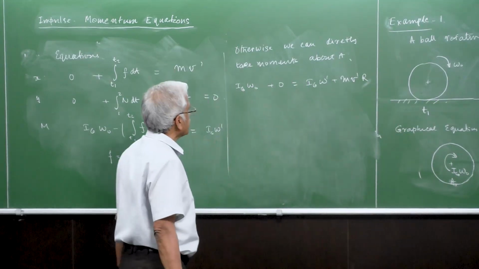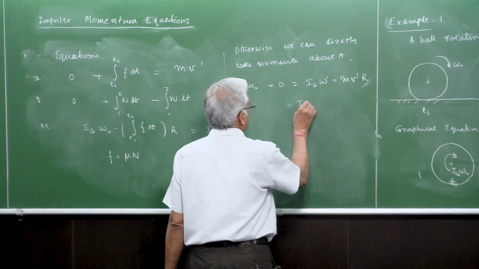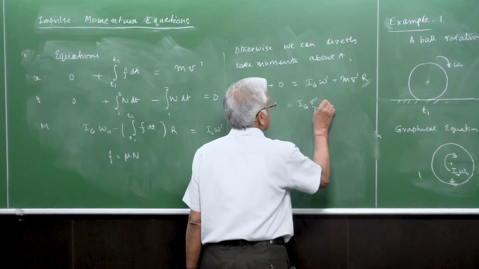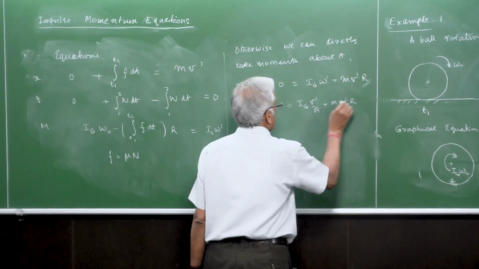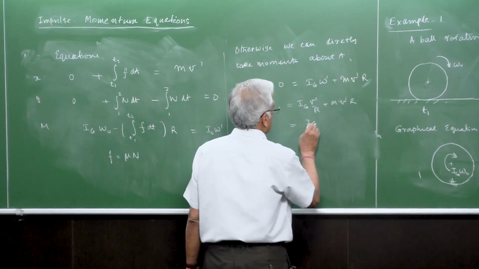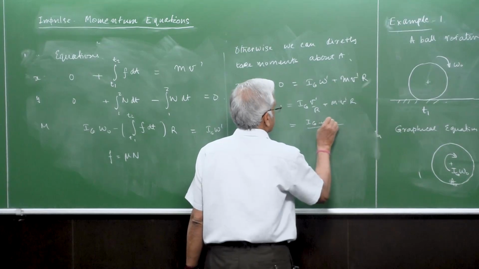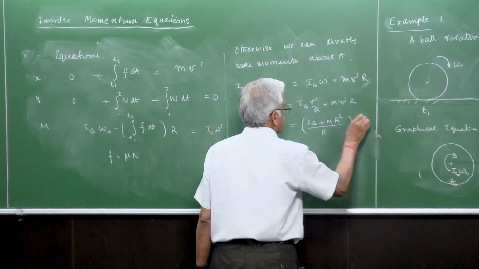So this is the equation directly, and with v prime over r, so this is Ig, you can take r here, and m r square v prime.